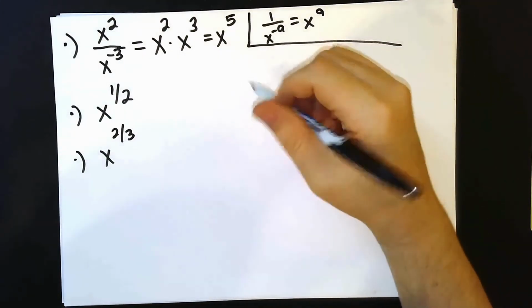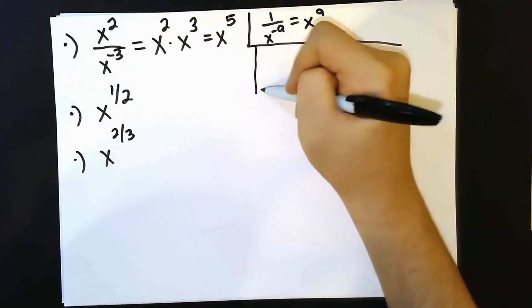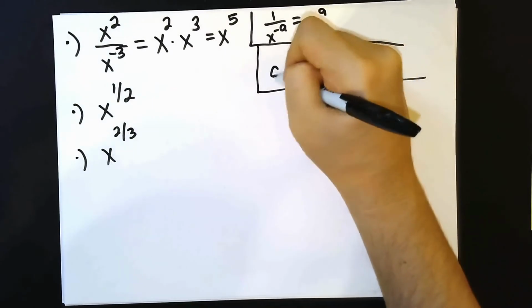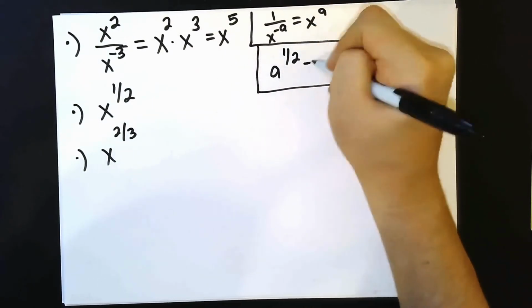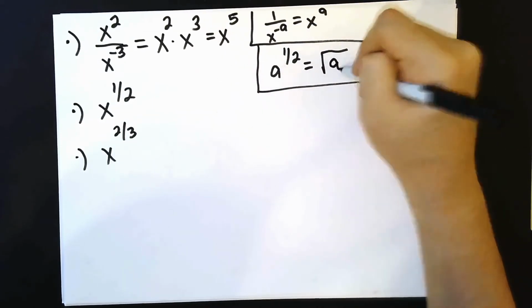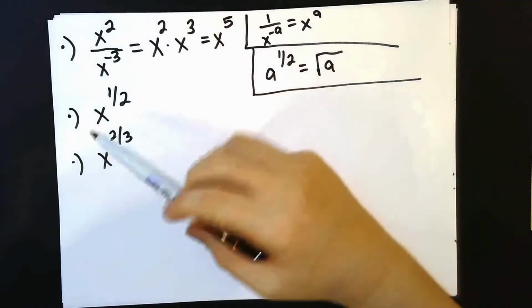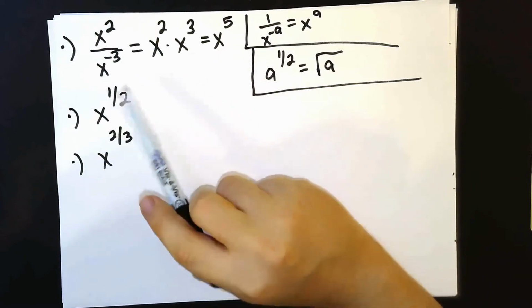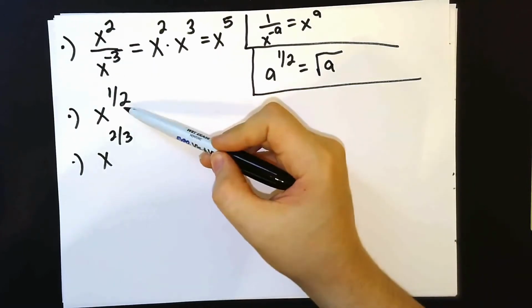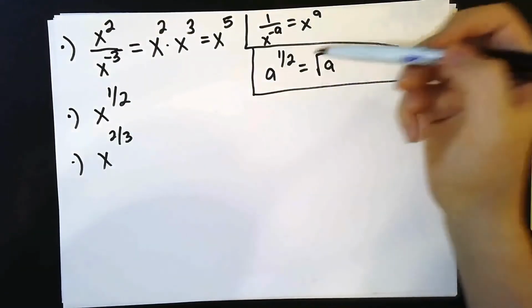In general, I'm going to note as a rule, anytime you have something to the 1/2 power, that is the same as taking the square root. Okay. So negative exponents correspond to fractions. Fractional exponents correspond to roots.